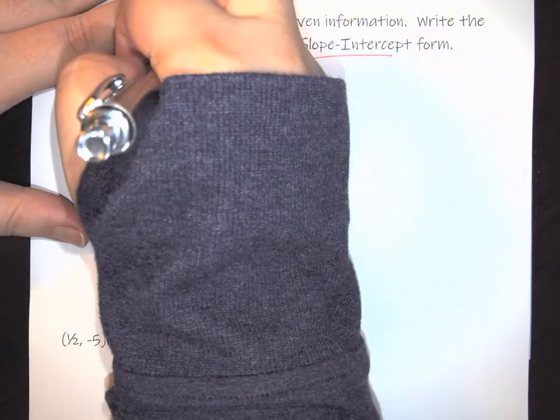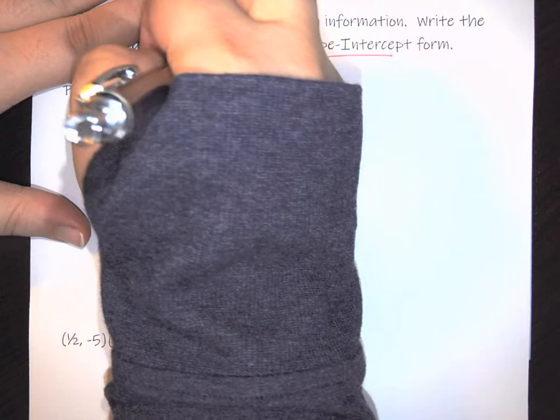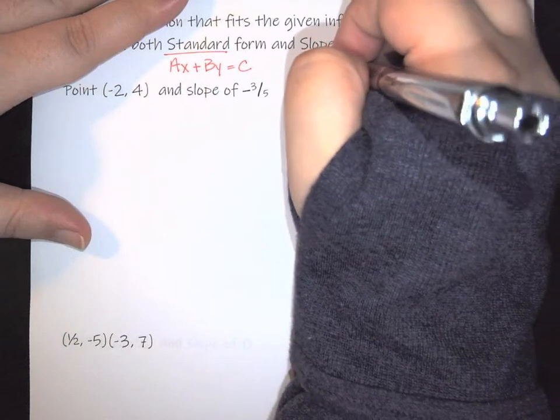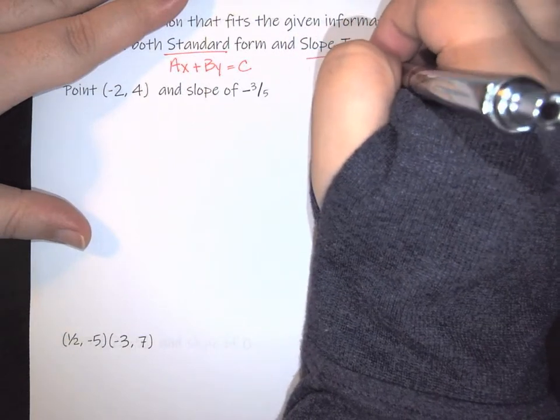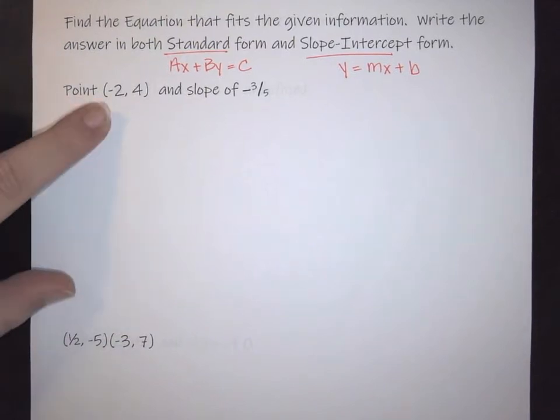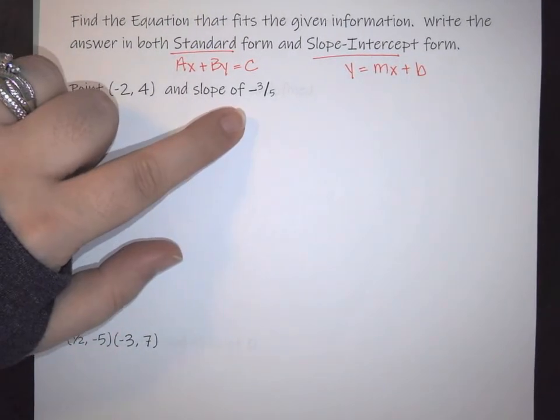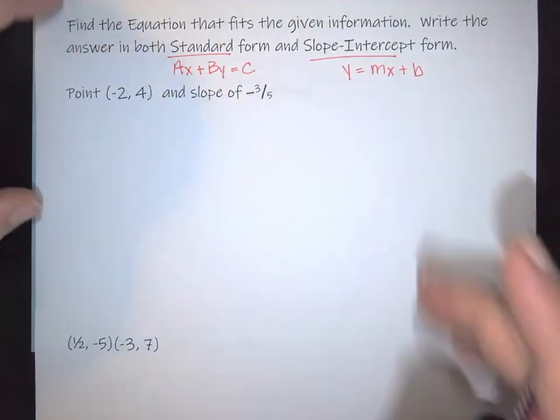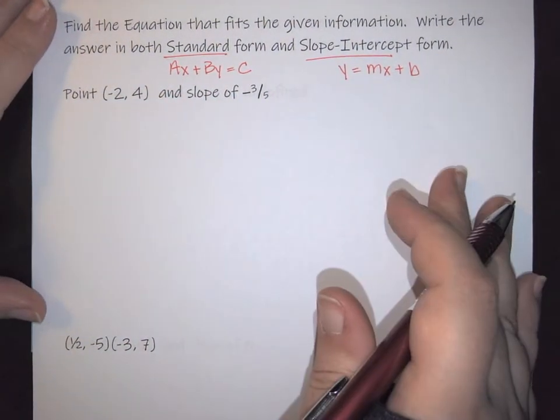Standard form is where we are talking about ax plus by equals c. Slope-intercept is y equals mx plus b. So when we're given a point and a slope, we have to be able to go into our two forms. So there's an equation that we have to use in order to get there.